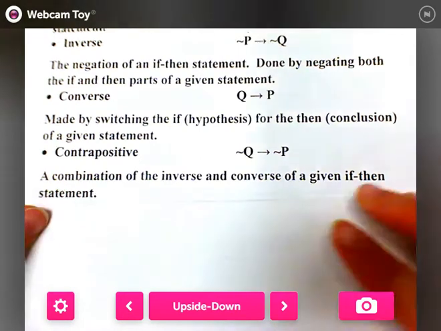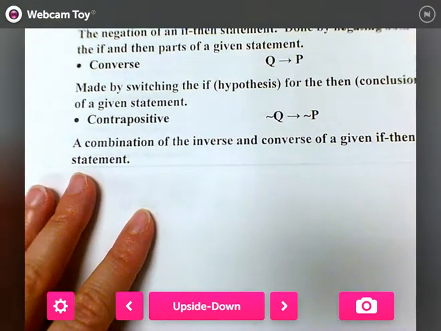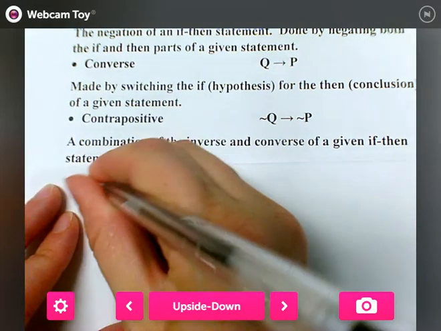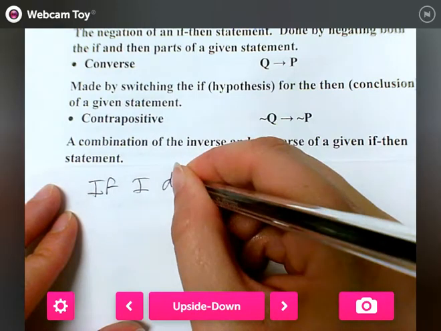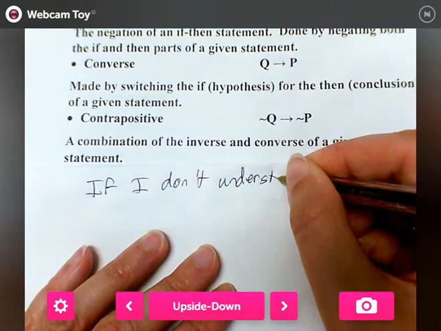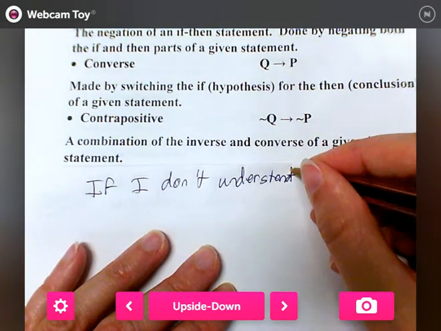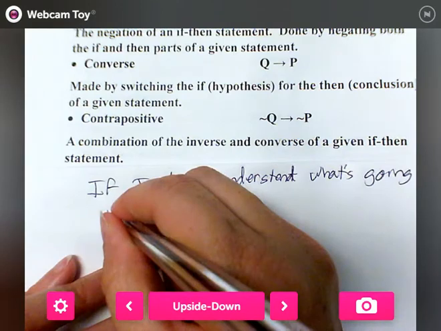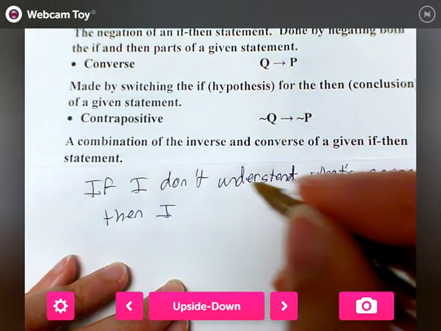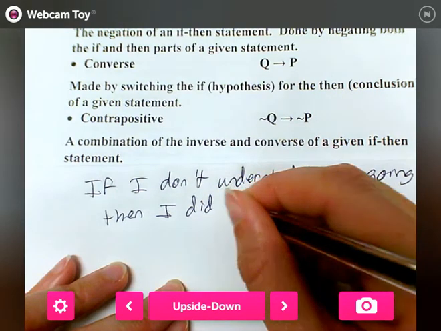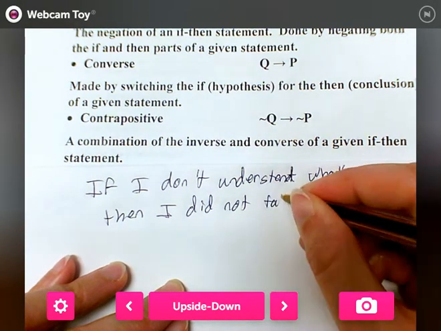Contrapositive. A combination of the inverse and converse of an if-then statement. Not Q, not P. So, if I don't understand what's going on, then I did not take notes.